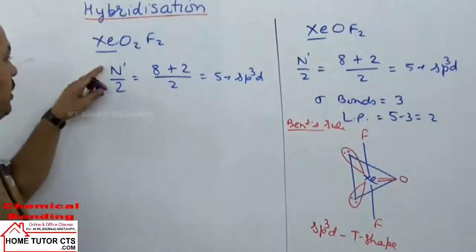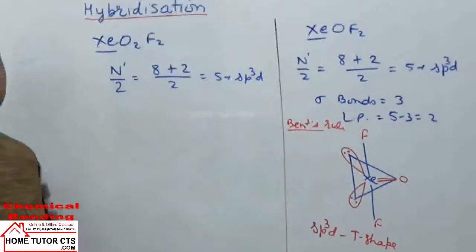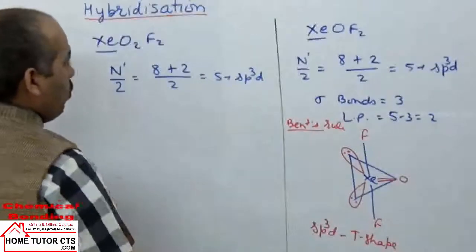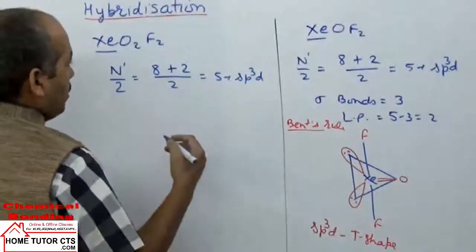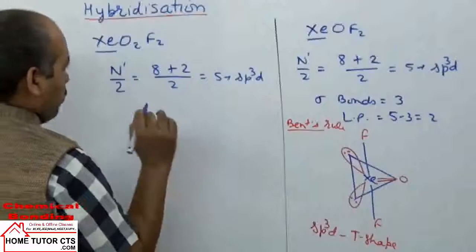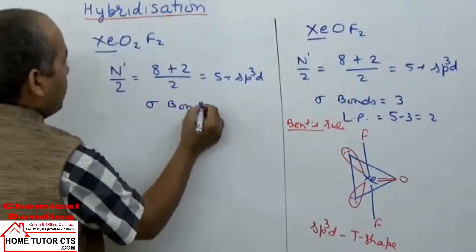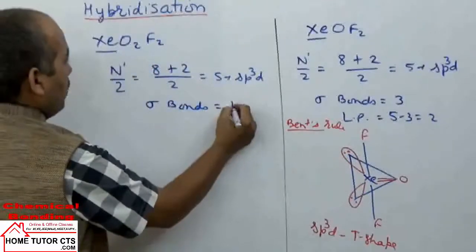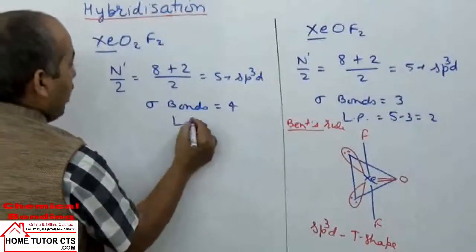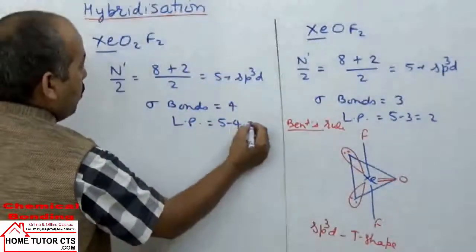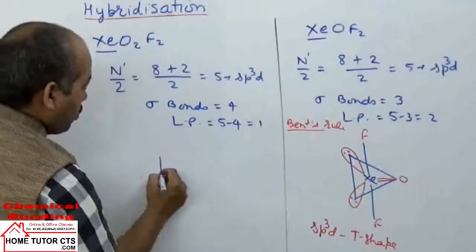Then we see how many sigma bonds: as many as the other atoms, which is 4. So 4 sigma bonds, and lone pairs are 5 minus 4, 1 lone pair. So draw the geometry first.